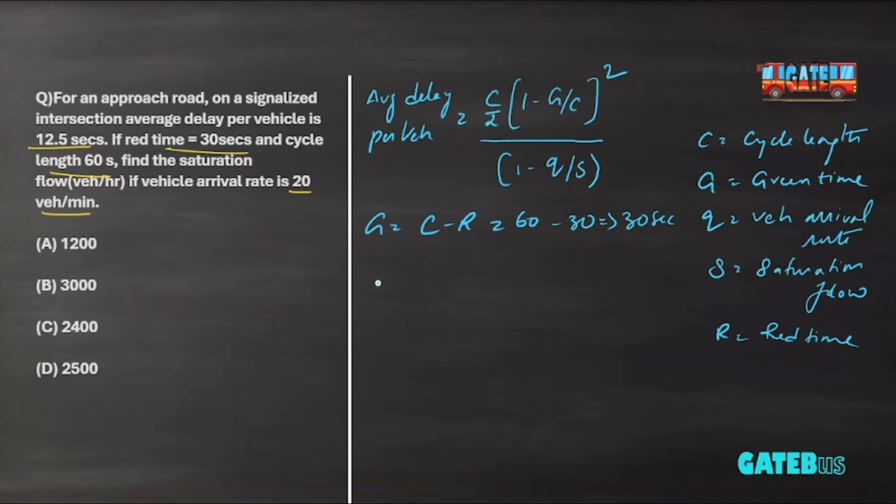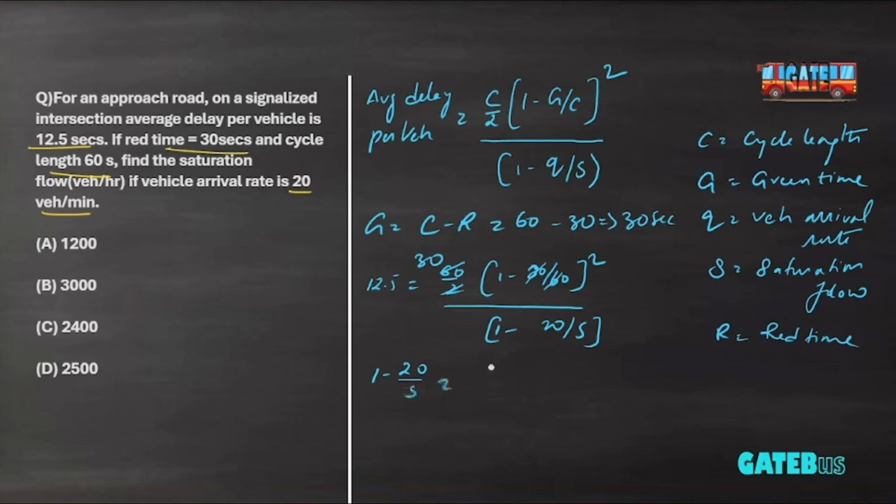By plugging in all the values, 12.5 is equal to 60 by 2 times (1 minus 30 by 60) whole square, divided by (1 minus 20 by S). So this is half, squared means 1 by 4, so 30 by 4.